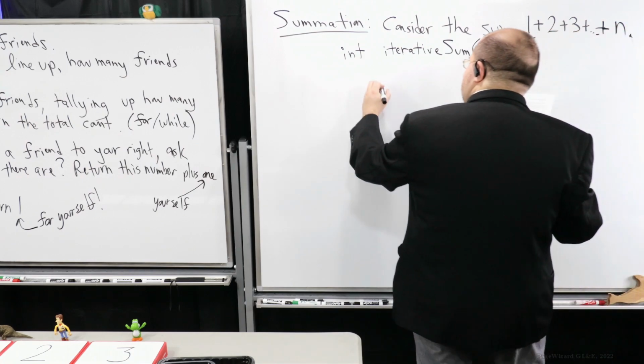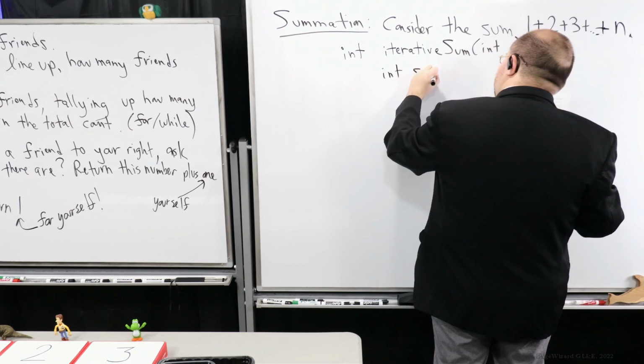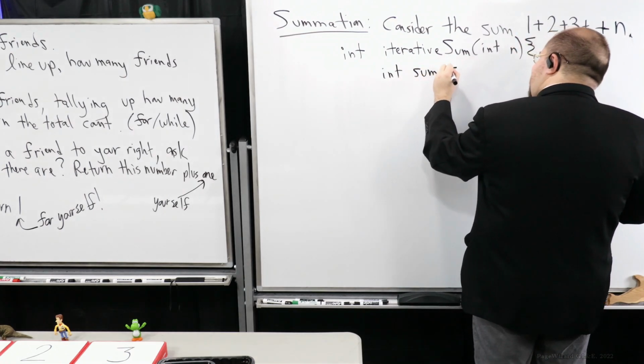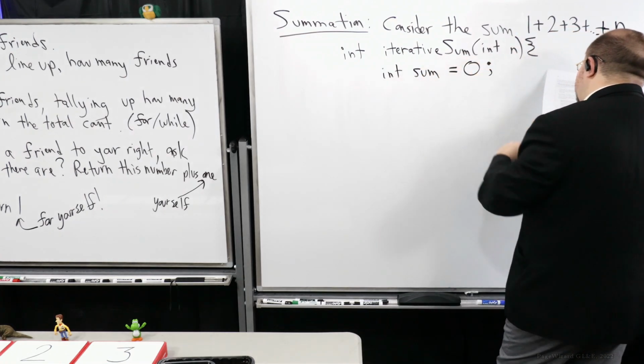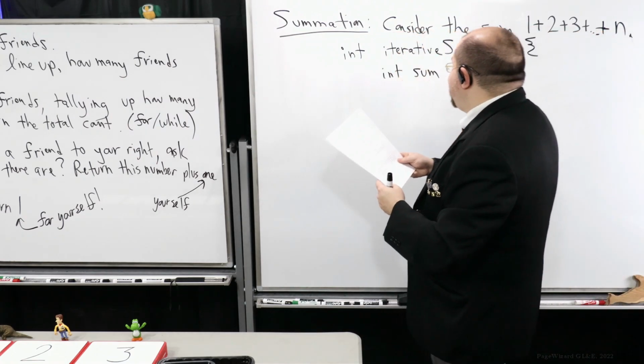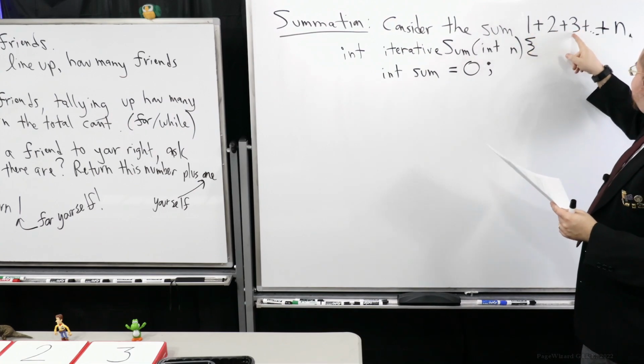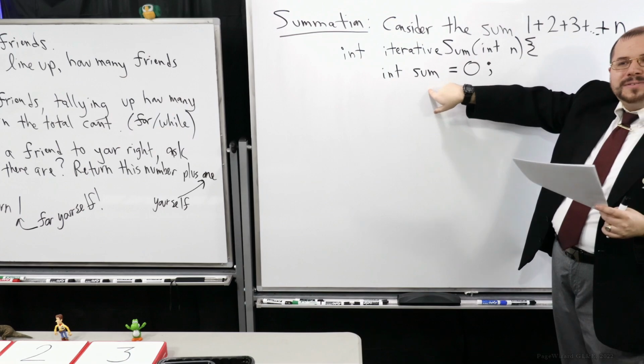So I'm going to have a variable I'm going to call sum. So I'm going to call it int sum, and I'm going to assign it 0. And then I'm going to have my for loop. So naturally, I could go through each one of these values and add it to this running total.